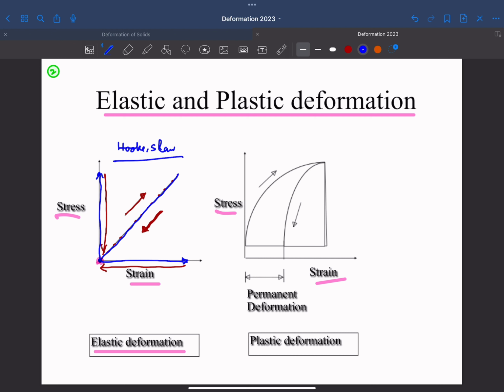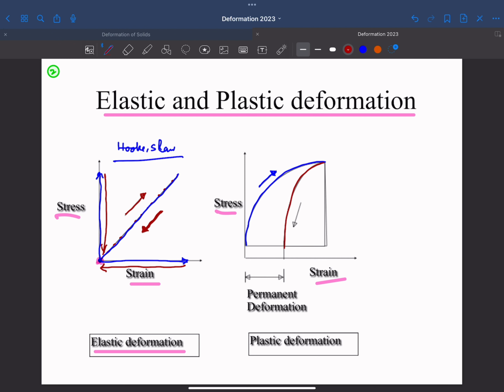So this will be the situation of elastic deformation. On the other hand, what you can see here is that you are deforming a body in such a way that they are not following Hooke's law, and they are going beyond the elastic limit when you are loading the system, and when you are unloading the system, there is a permanent deformation.